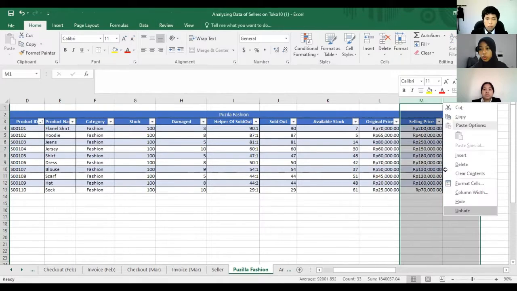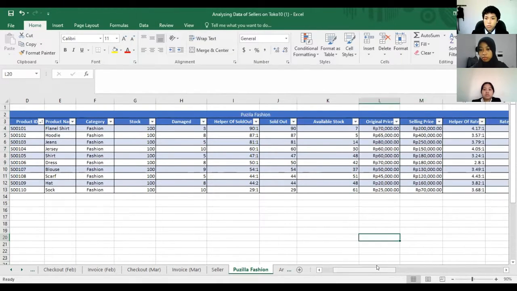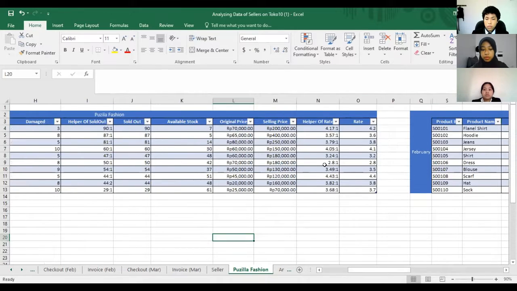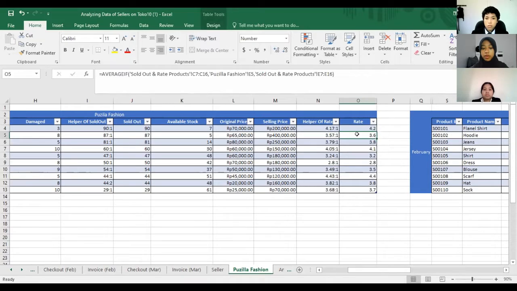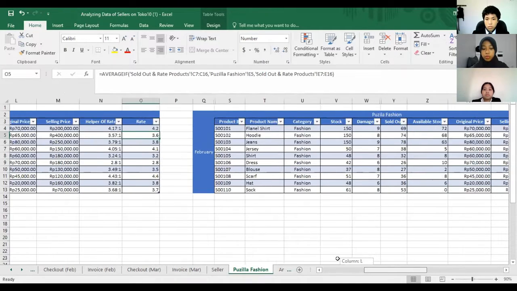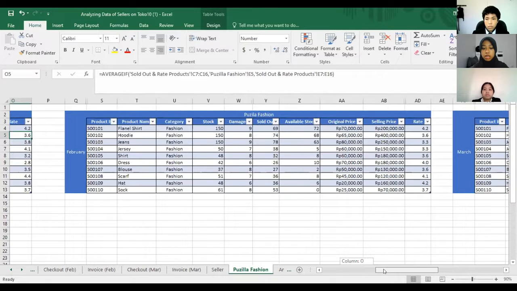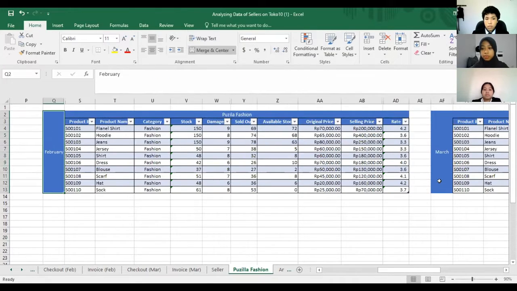And here also helper of red, which has the same function as helper of sold out. And the last is the red column. In this column, using the AVERAGEIF or also can use a 3D reference formula that refers to the sold out and red product table in the red column, as well as the tables for other months still use the same methods and formulas, the only difference being the month column.